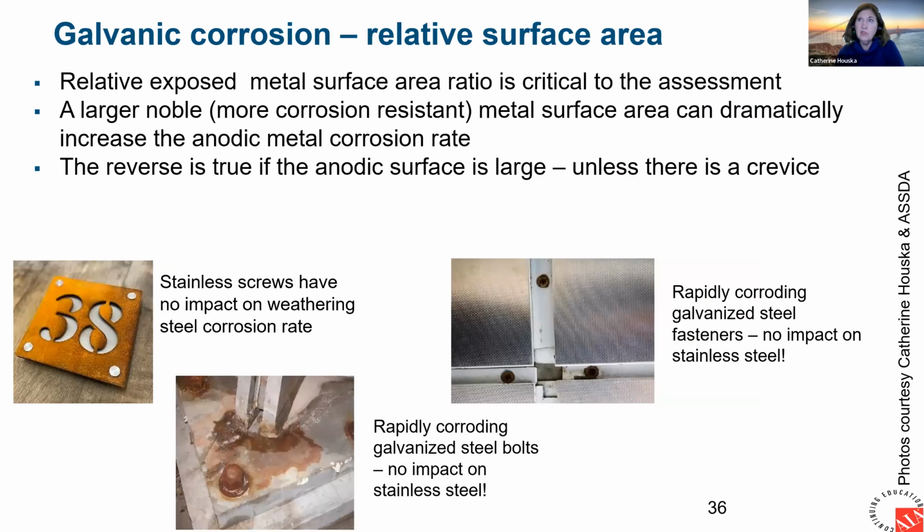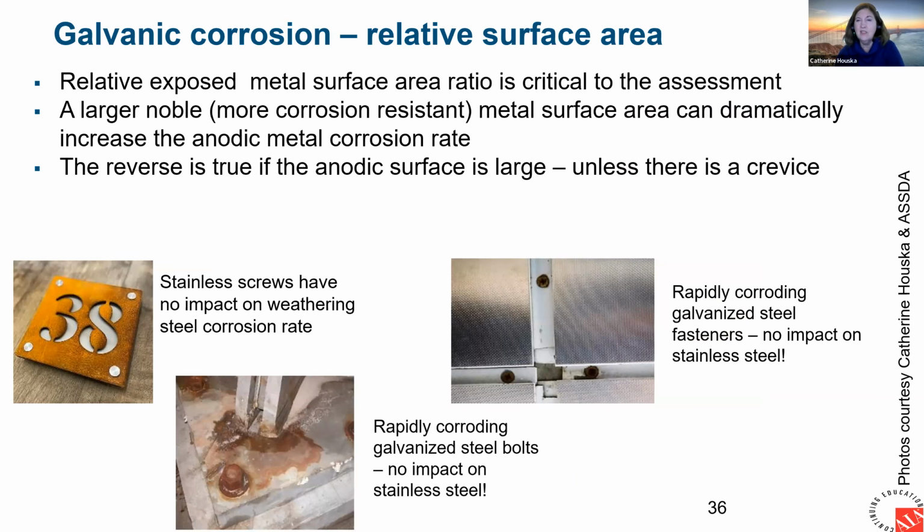You also need to consider surface area ratio. If you have a large surface area of stainless steel and a small surface area of the more anodic material, the less corrosion resistant materials such as galvanized steel, then that small surface area metal will corrode at a highly accelerated rate.